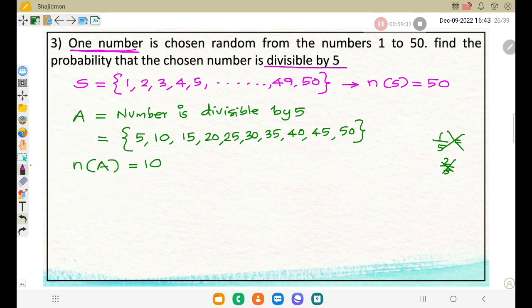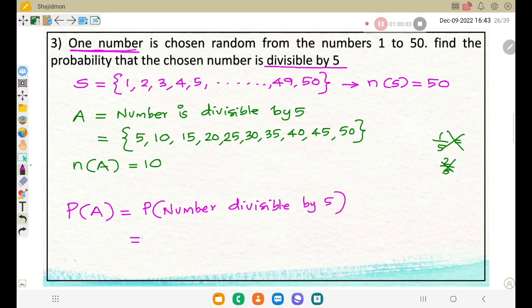Now what is our question? Find the probability that the chosen number is divisible by 5. That means we need to calculate the probability of A, the probability that the number is divisible by 5, which we represent by A. So what is the rule for finding probability?